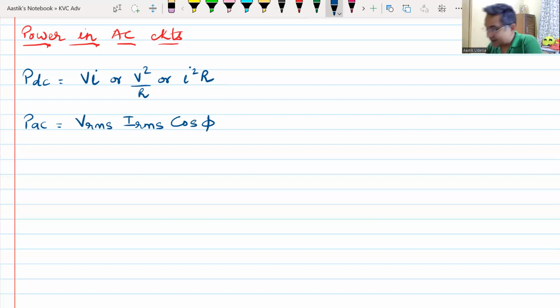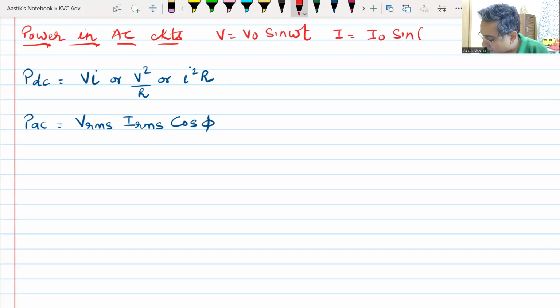Now, to understand what this cos of phi is, I'm going to write V is equal to V naught sine omega t. This is my actual AC voltage. It gives rise to a current, and this current is given by I is equal to I naught sine omega t plus phi. So what is this phi, my dear friends?